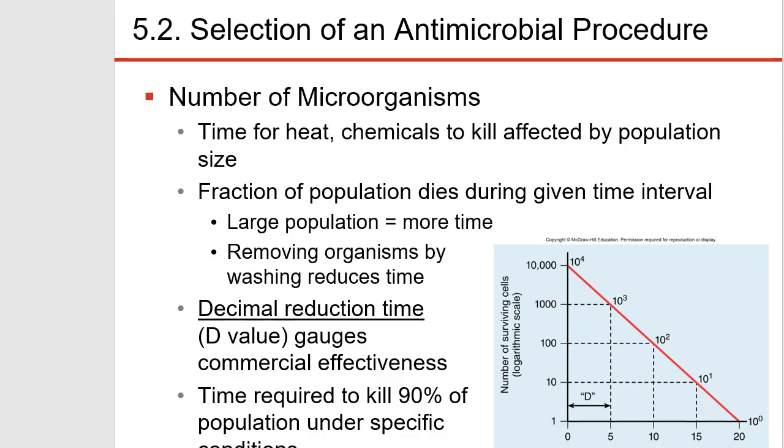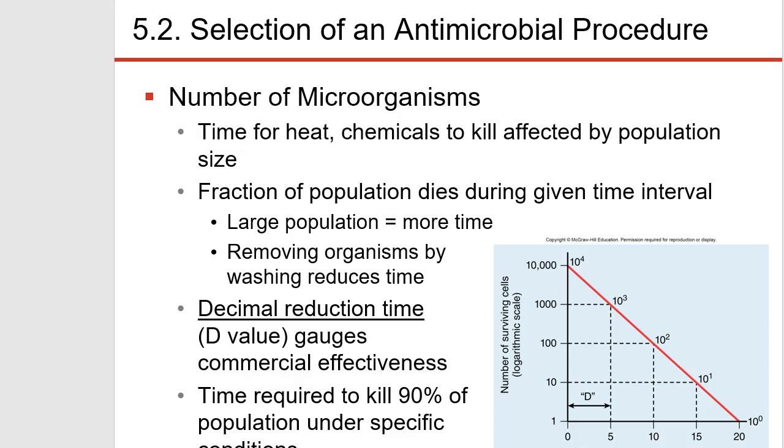Number of microorganisms. We're always going to look at the time it takes for heat or for chemicals to kill the affected population. Now, heat kills microorganisms by denaturing their enzymes. So denaturing just means destroying the protein, which means it will not work anymore. And heat resistance, of course, varies among different microbes.